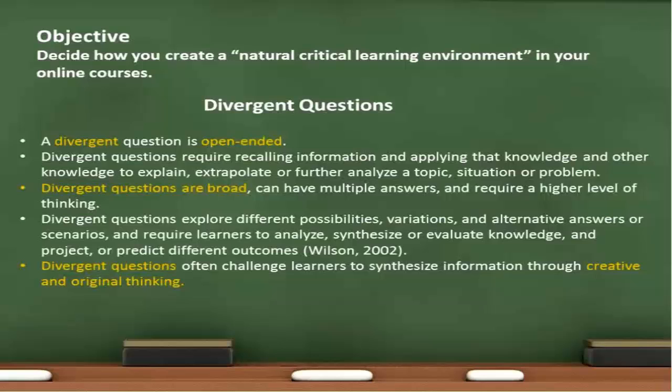Divergent questions are broad. They can have multiple answers, and what's most important is that they require a higher level of thinking. When we say higher level, we mean higher up on Bloom's, so it's more analyzing, synthesizing, evaluating, predicting, those sorts of things.